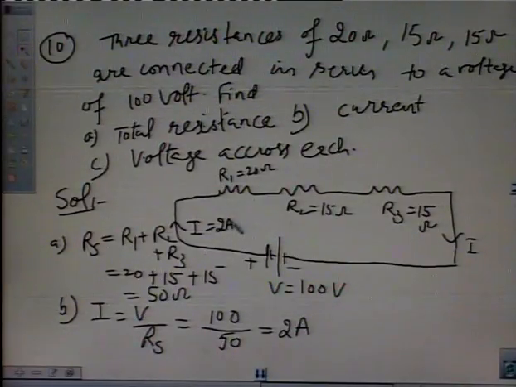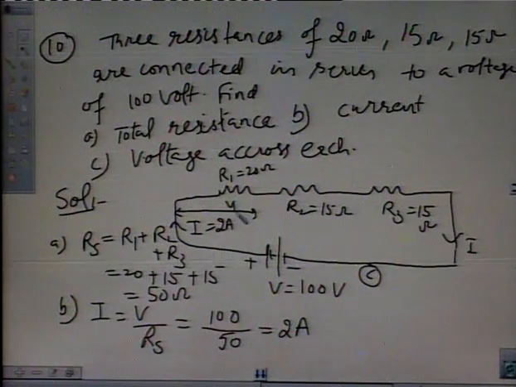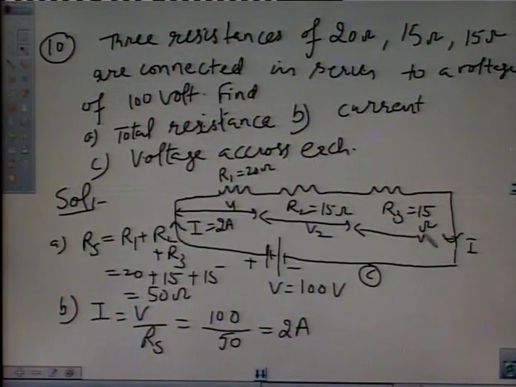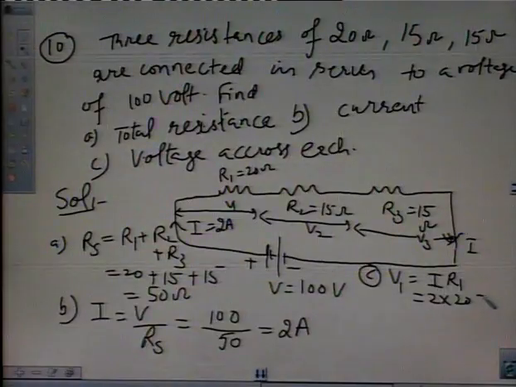Now we have to find the voltage across each. When we have 3 resistances in series, the voltage V divides into 3 parts: V1, V2 and V3. So V1 is equal to I into R1, this is 2 into 20, 40 volt.